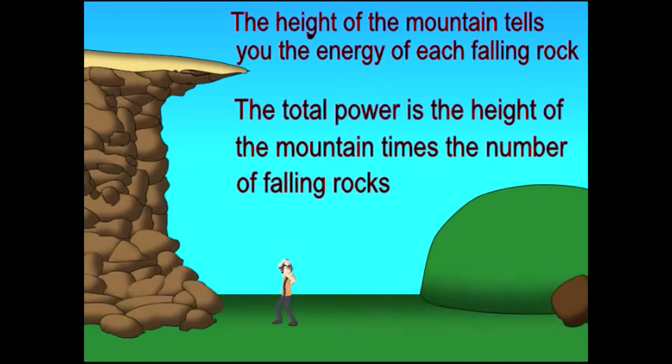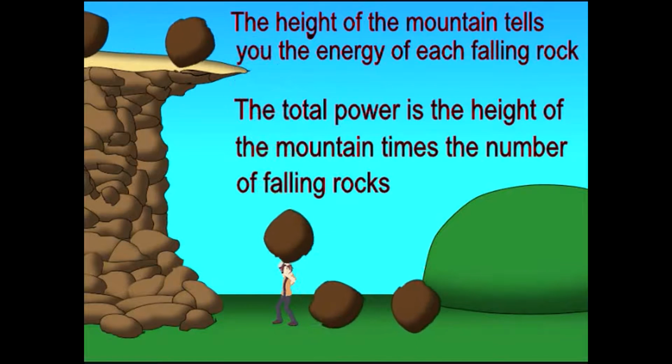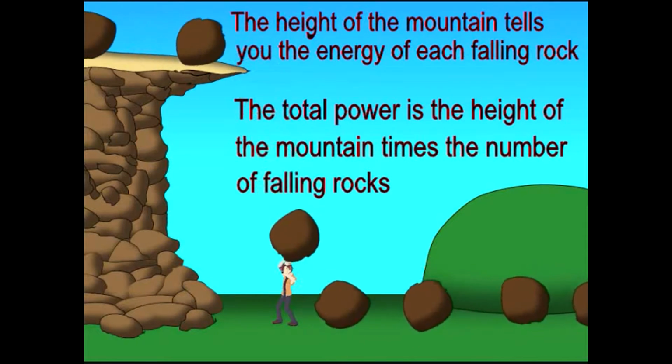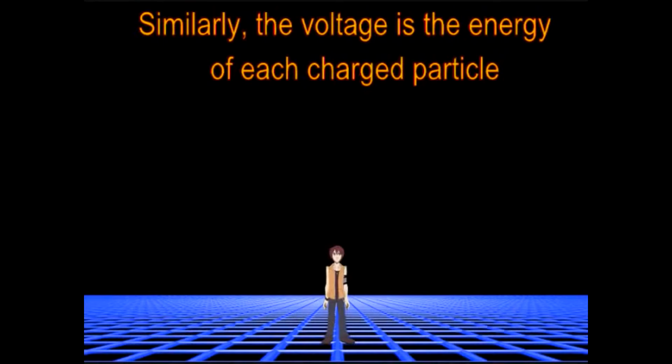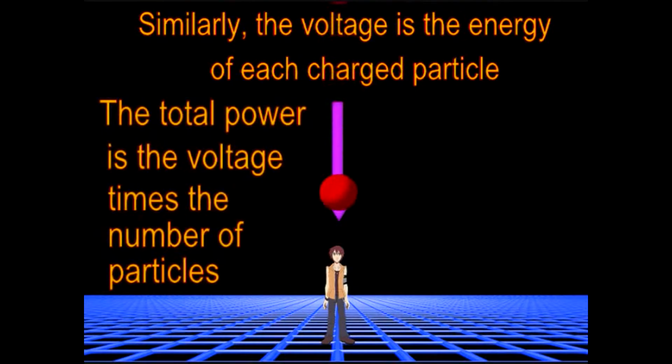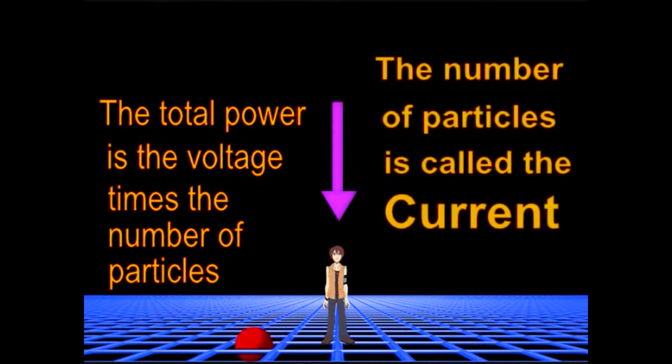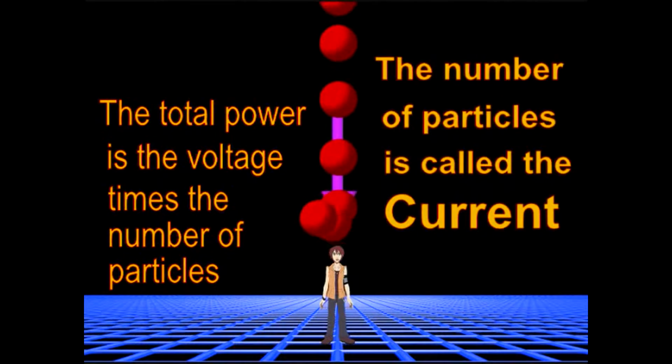The total power is the height of the mountain times the number of falling rocks. Similarly, the voltage is the energy of each charged particle. The total power is the voltage times the number of particles. The number of particles is called the current.